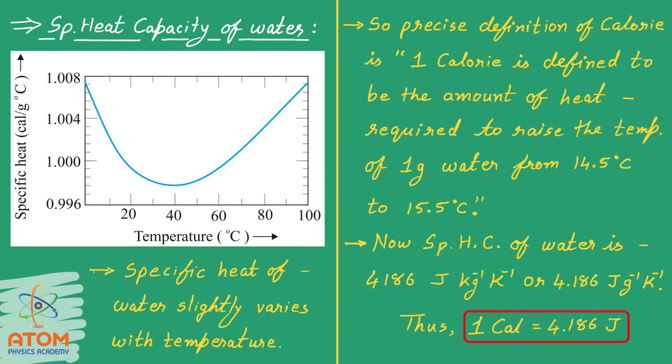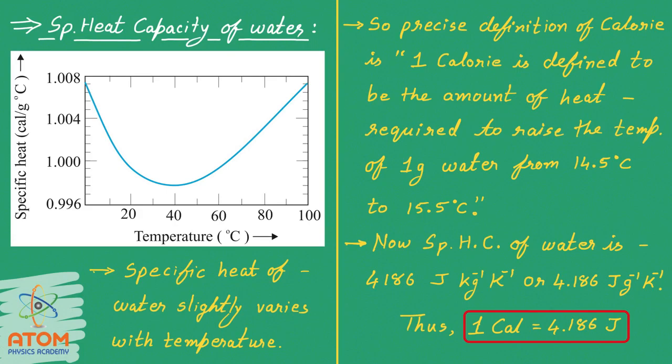Though the variation is very small, you can see this is 1.008 and this is just 1.000. So the difference here is only 0.008. Alright. So the variation is very small, but yes, there is some variation.